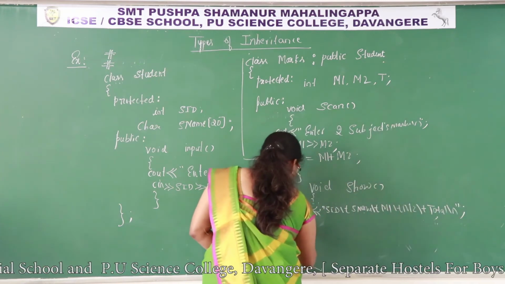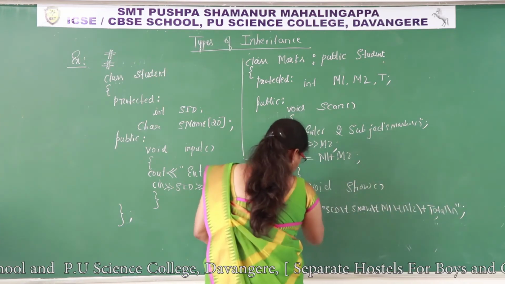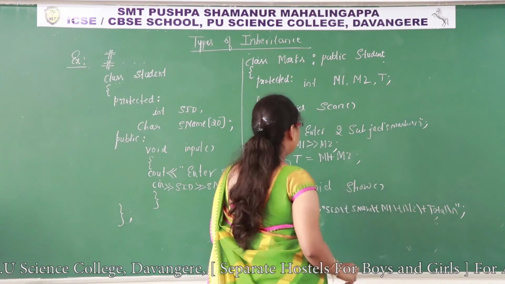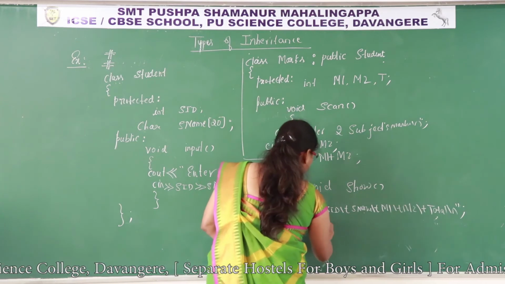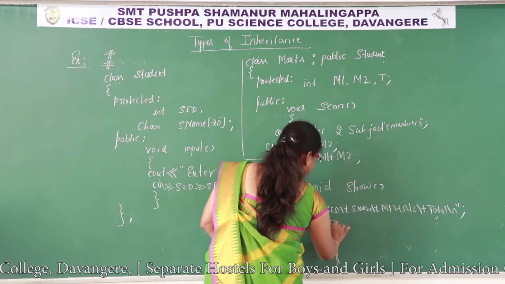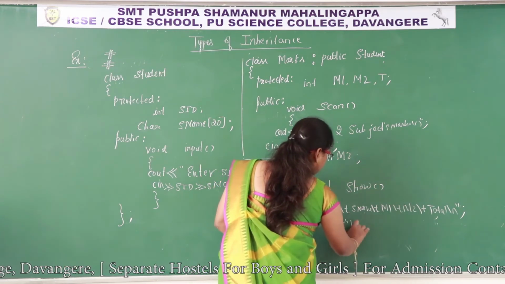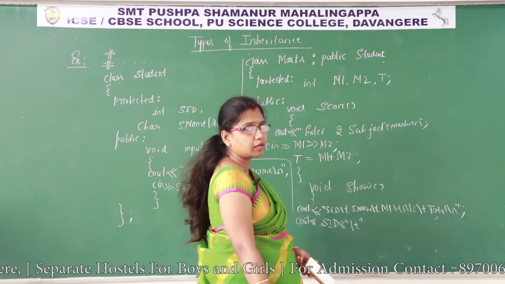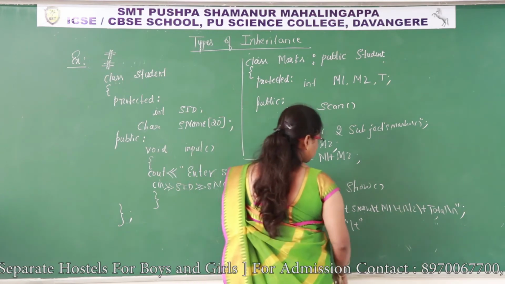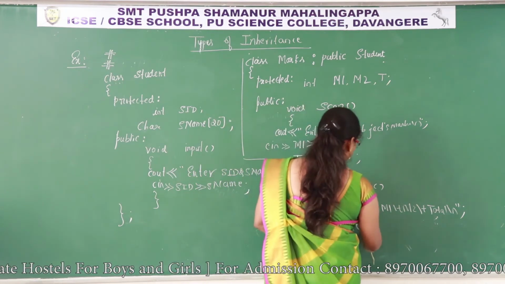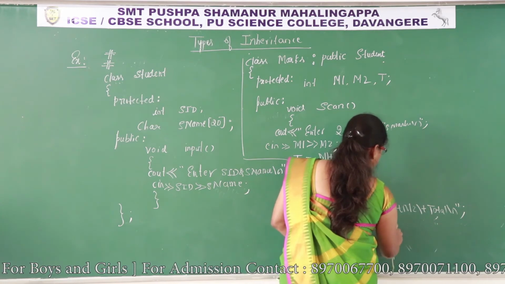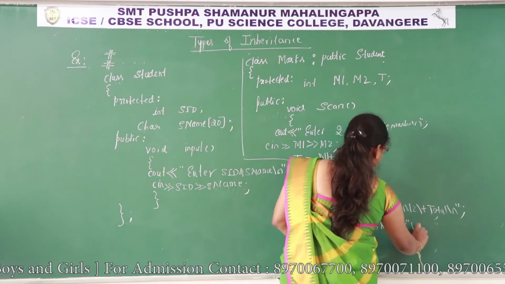Under that cout insertion SID, stored in SID itself, SID \t. To display the result, we must use the identifier name, so it should not be included in the double quotes. \t must be in double quotes. After that SName, then \t.